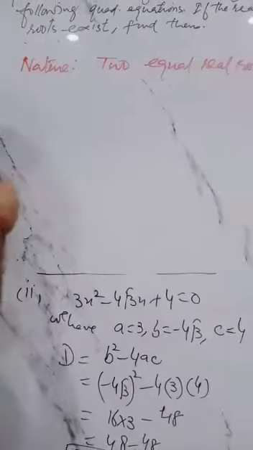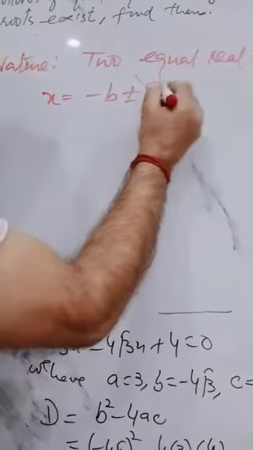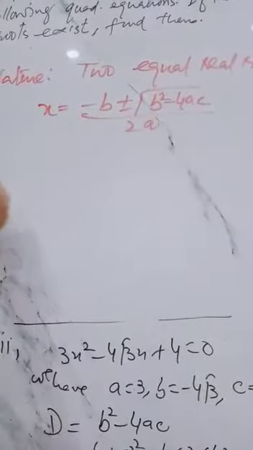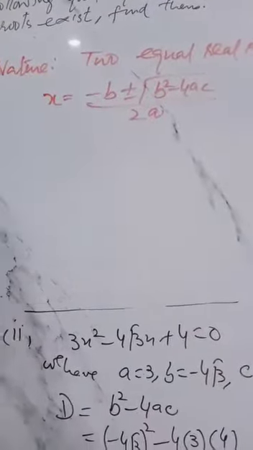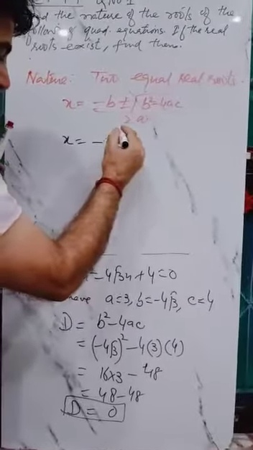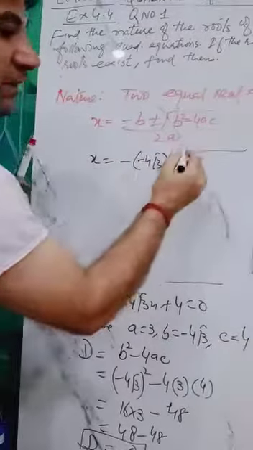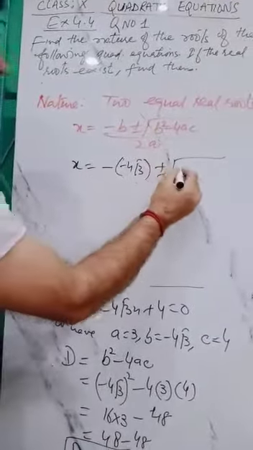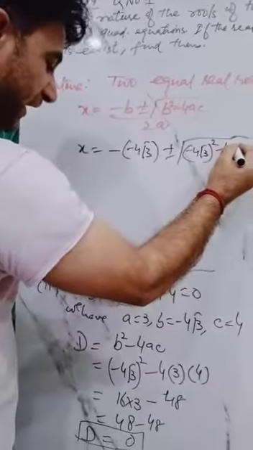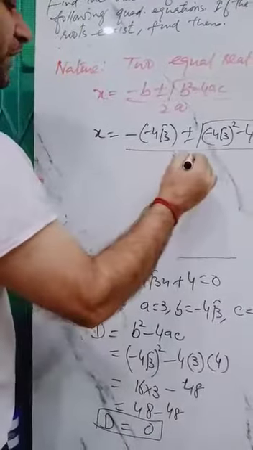So we have x equal to the quadratic formula: minus b plus minus under root b square minus 4ac upon 2a. So x is equal to minus b, and b is minus 4 root 3, plus minus under root b square, that is minus 4 root 3 whole square minus 4 into a, which is 3, and c, upon 2 into a, which is 3.